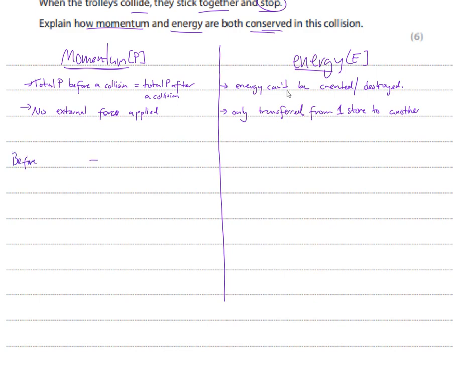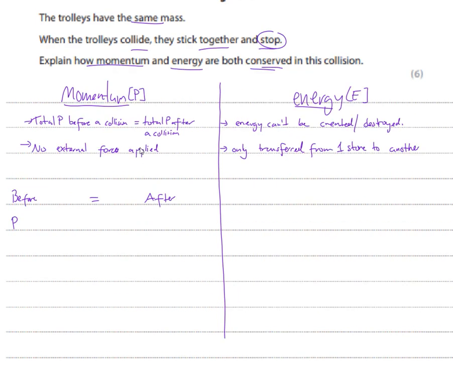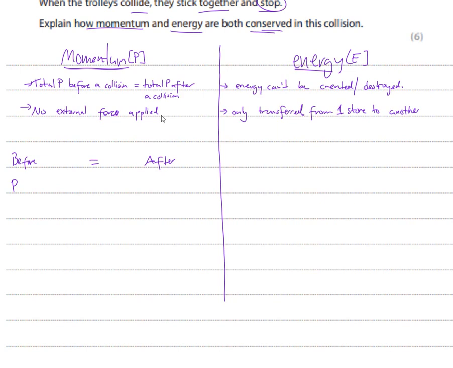Now before must equal to after. Now before we have momentum of P plus momentum of Q. This must equal momentum of P plus momentum of Q. Now momentum of P, we know it is going to be mass times velocity. So this here will be mass times velocity of P plus mass times velocity of Q. Plus, now what we have is when they collide, they stick together and stop.